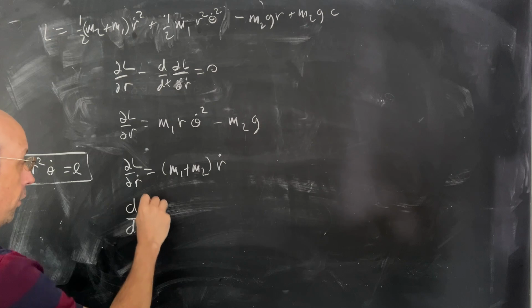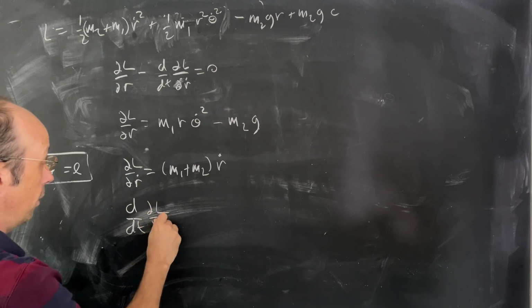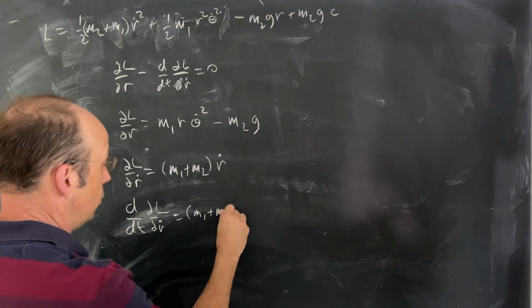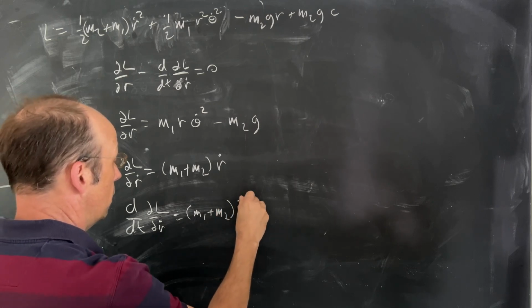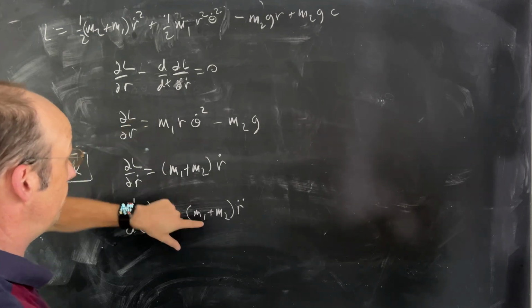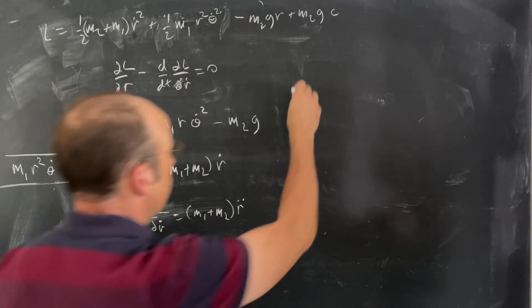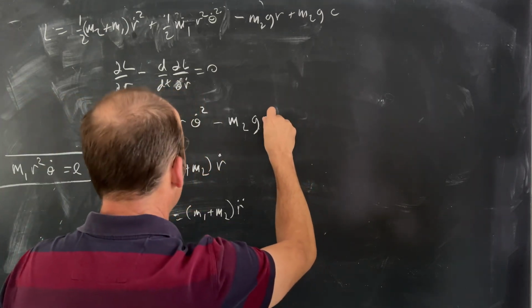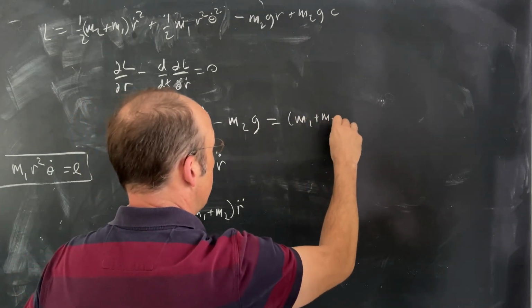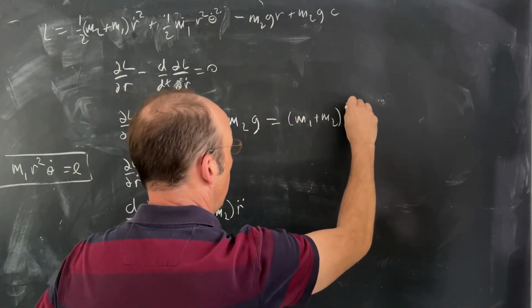The derivative with respect to time of the partial of L with respect to r dot is just going to be (m1 plus m2) r double dot. Now, this minus that is 0, so this has to be equal to that. So let's write that as an equation. I can just write this as equals (m1 plus m2) r double dot.